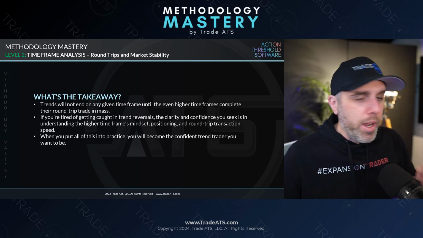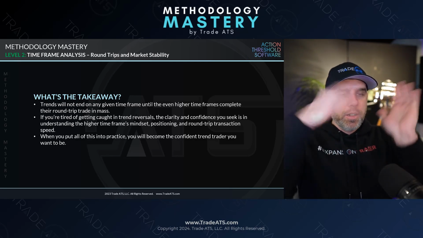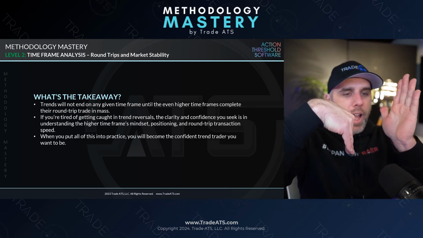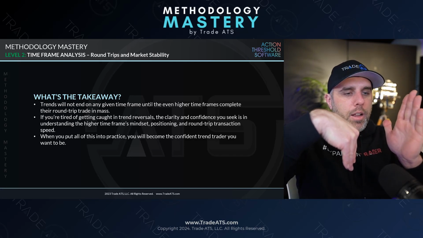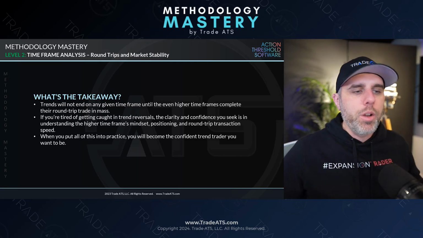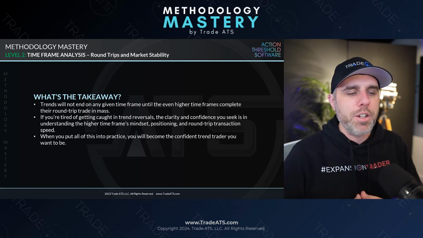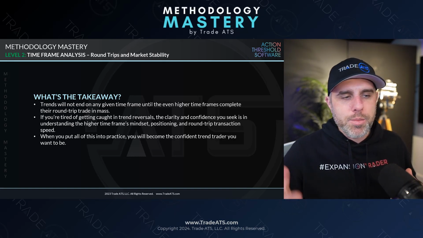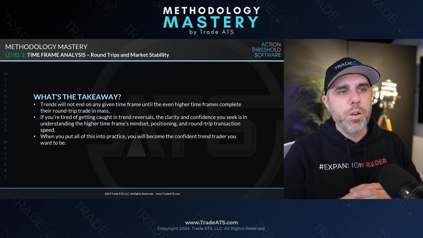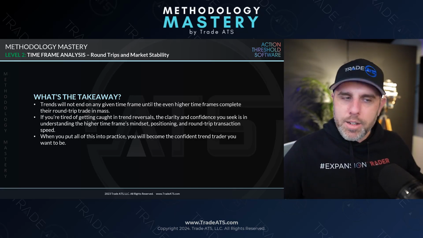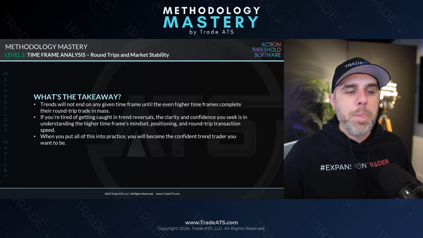However, when they are misaligned, like a 4 hour short and a daily long, that typically signals you're in a big whippy range, and you're going to have messy price action on the lower time frames than the 4 hour, the 15 minute and 5 minute. It's going to get kind of sketchy in that situation. You need to be careful with that.